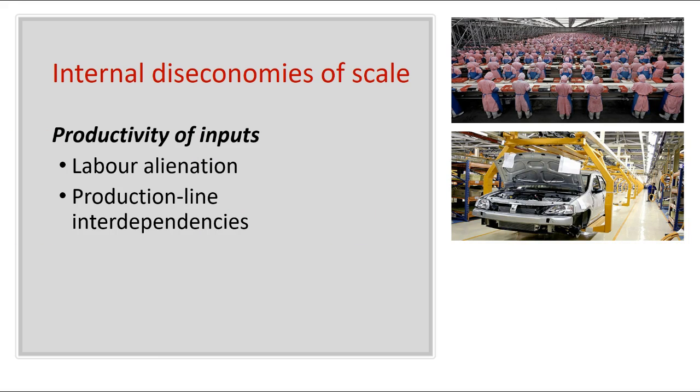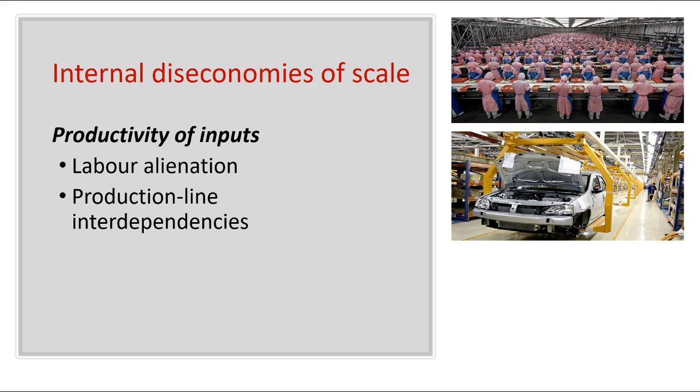It's also possible that as a firm becomes larger, especially if we're talking about factories, manufacturing in particular, where there are long production lines and there's a high degree of interdependence along that production line, which means that every step on the production line depends on every previous step going smoothly and exactly according to plan.